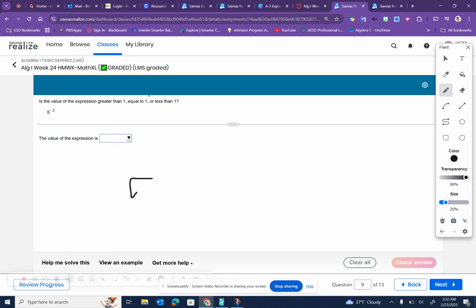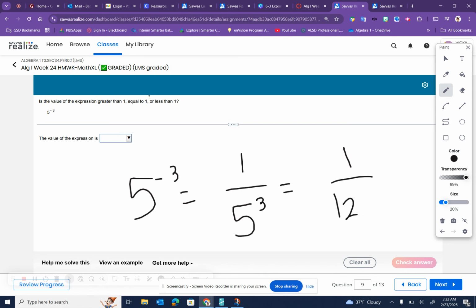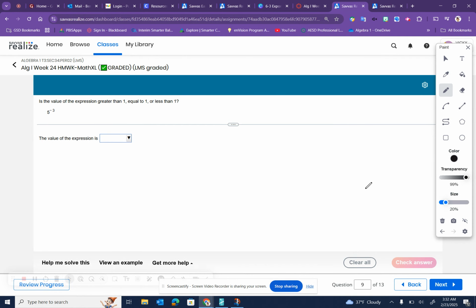So if we think about 5 to the negative third power, if I write it with a positive exponent, I have to bring it to the denominator and make it to the third power, which is 1 over 125. This is definitely less than 1, because it is equal to a fraction that is less than 1. So 1 over 1 to the 25th would be less than 1.